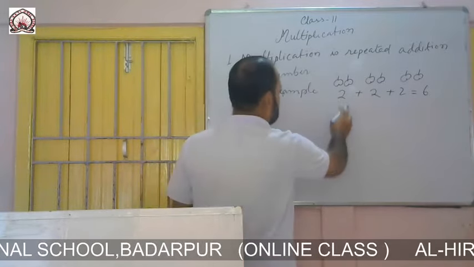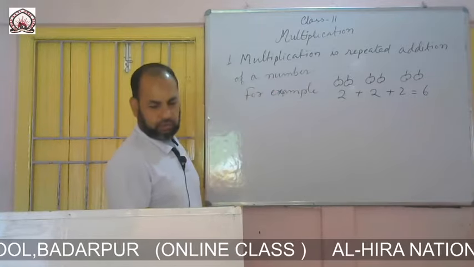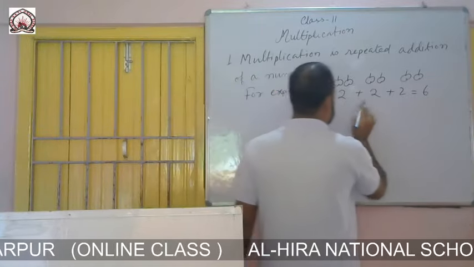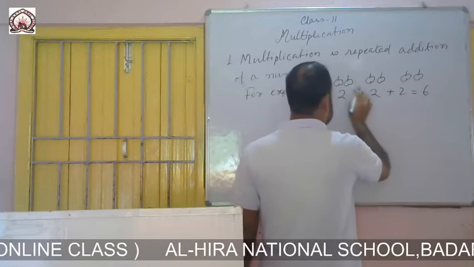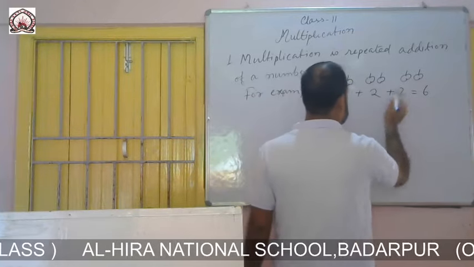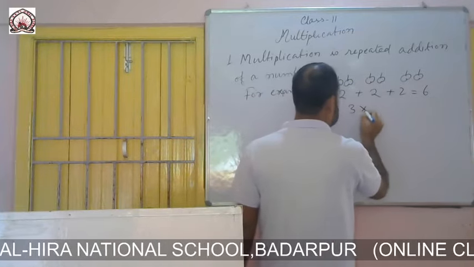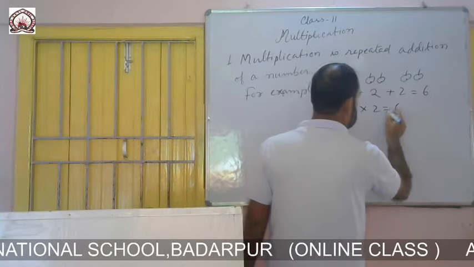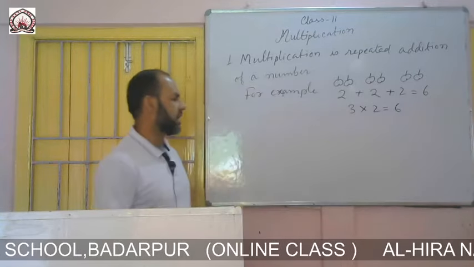We can write multiplication: 2 how many times? 1, 2, 3. 3 times 2, 3 2s are 6.